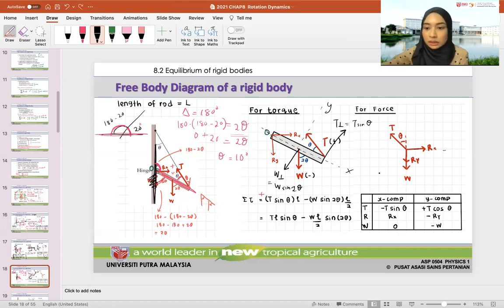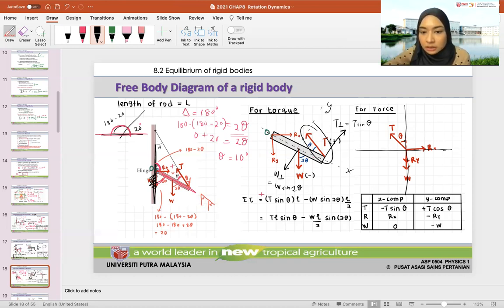So now, if I define it this way, instead of the direction of the beam, the Rx is this way, the Ry is going down, the weight is going down. The only thing that is not on the axis is just T. So T is over here.